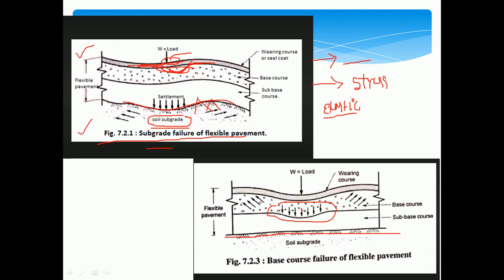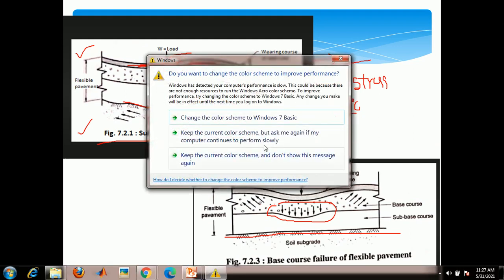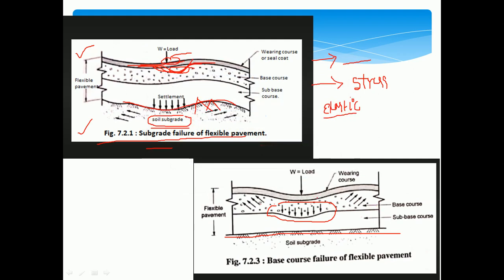This is again because of inadequate stability or strength of the materials, and loss of binding action. You can observe the base course has different sizes of aggregates, and the binder course is there, bituminous emulsion we have applied.